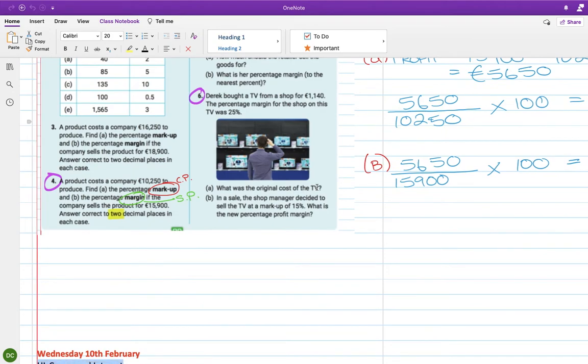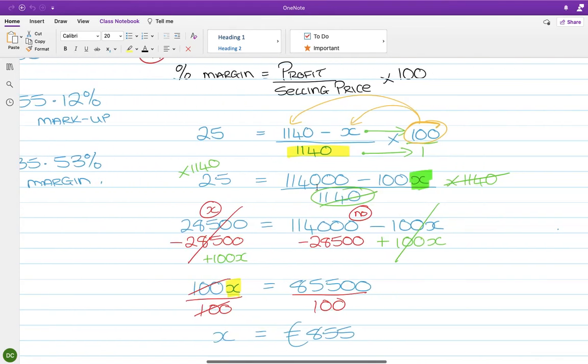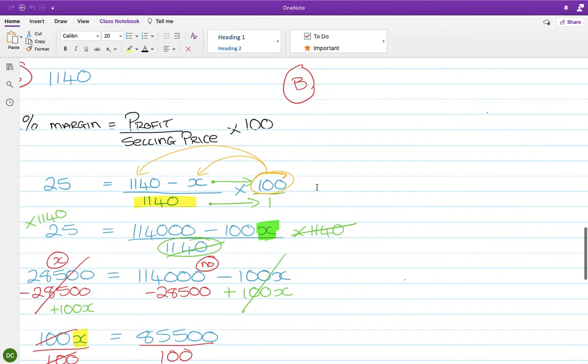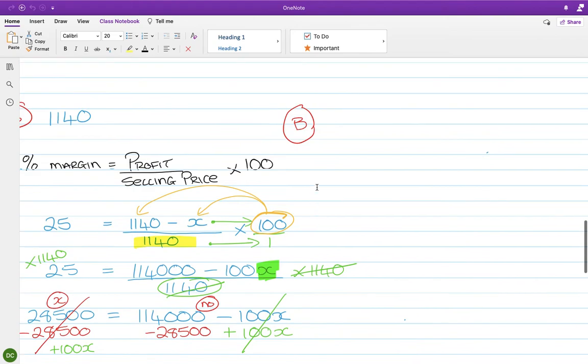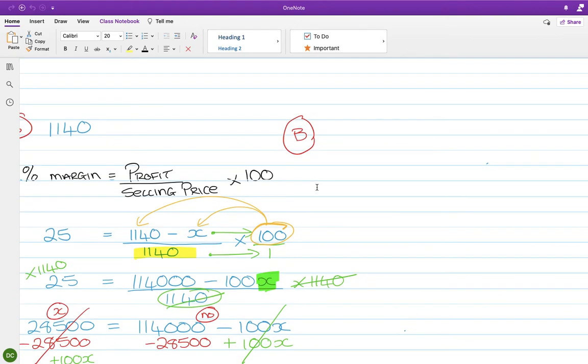So in a sale, the shop manager decides to sell the TV at a markup of 15%. So we're going to mark up the cost price by 15% and figure out what the new margin is. Okay, so 15% on top of, what was that number? 855. So 15% of 855, 15 divided by 100 multiplied by 855 is 128.25.